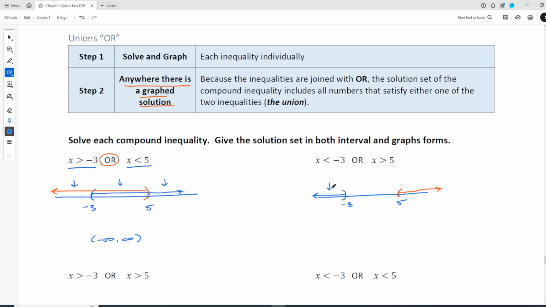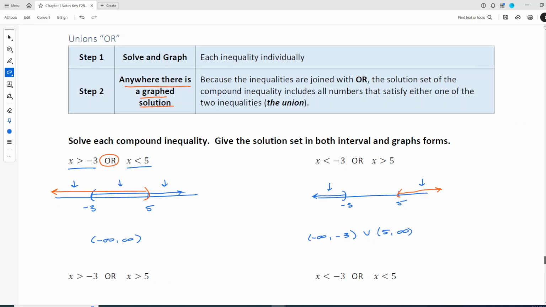Well, all of these values will satisfy x is less than -3. All of these values will satisfy x is greater than 5. So as long as it's in one of these two sections, you're good. How do we answer that? Well, we take this graph and we make it into interval notation. Everything from -infinity to -3, or, so that union symbol, that U, everything from 5 to infinity.